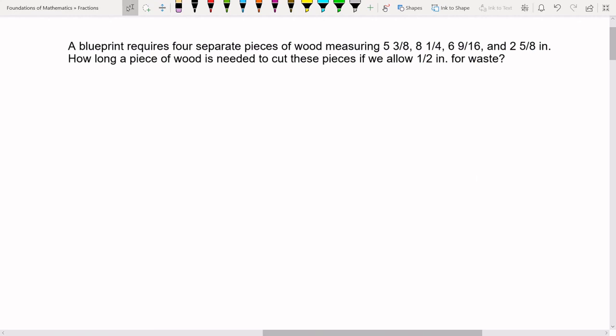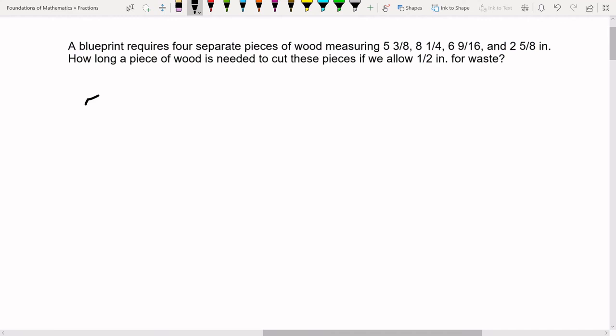So here we're taking 4 separate pieces of wood with these measurements, and we're allowing for 1/2 inch of waste, and we're asking what length of a long piece of board we can cut up to get all of these pieces.